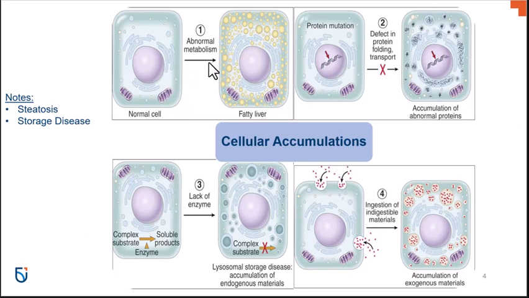What we can see happening here is all of these yellow markings, it's lipid accumulation or fat. As I mentioned earlier, abnormal accumulation of lipids could be because it's not being broken down properly and removed, or because it's not being transported out of the cell properly.